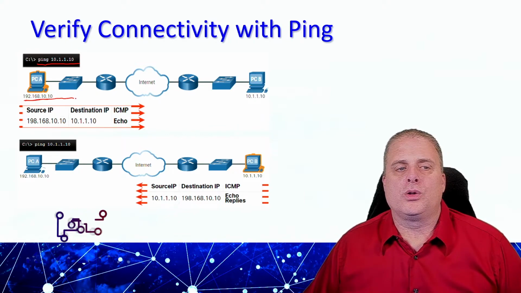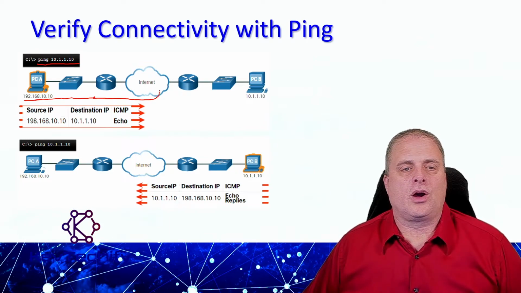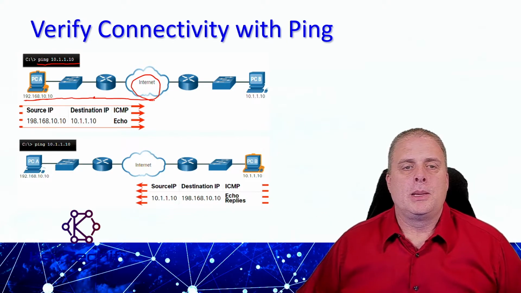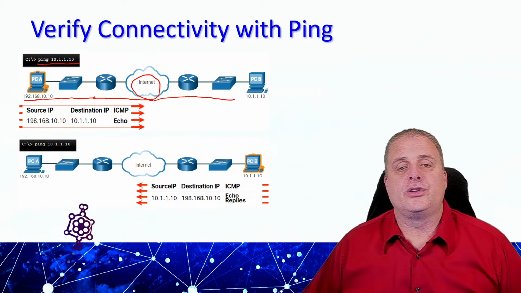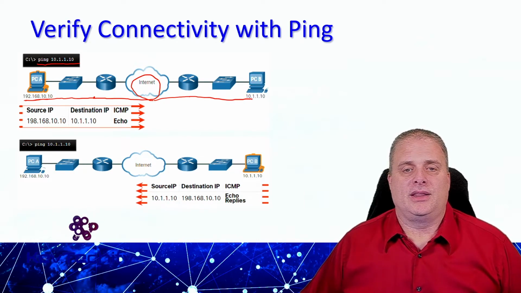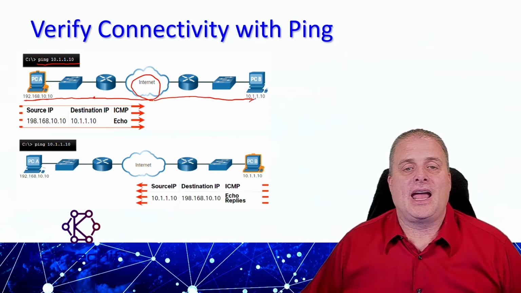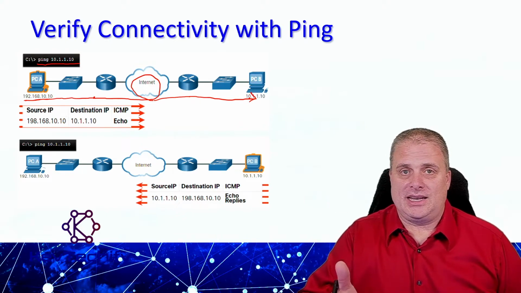It goes through our local area network, goes out our edge router, goes across the internet, whatever the ISP does to route it to its final destination, makes it to the edge router for the destination network, and finally it gets to PCB, the 10.1.1.10 computer. It takes the echo request in at that point, processes it, and then sends back an echo reply.